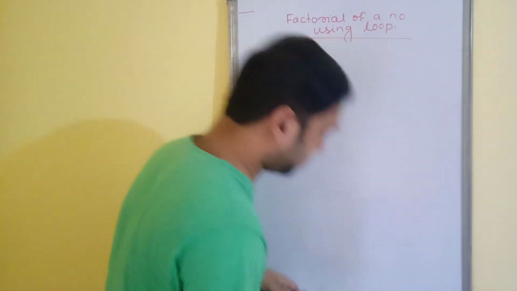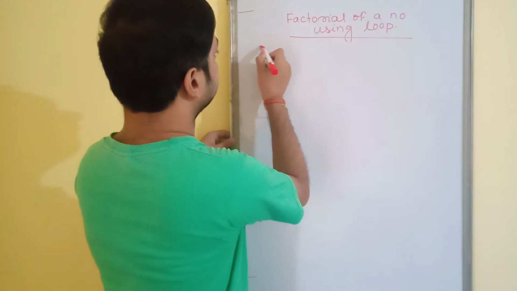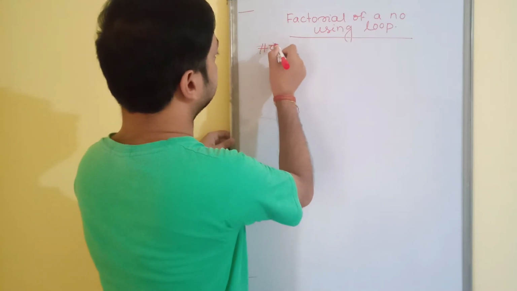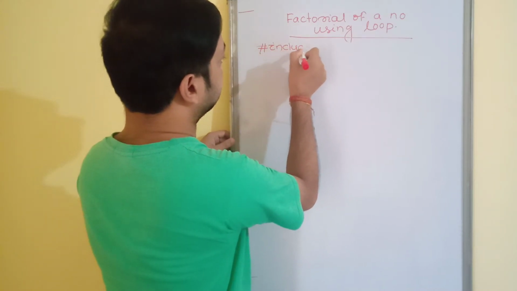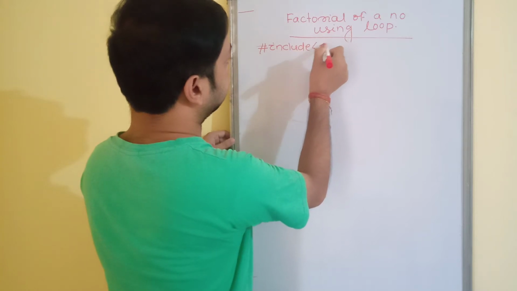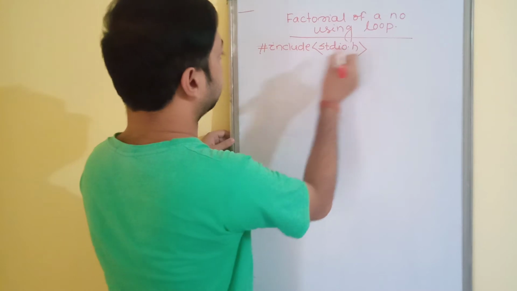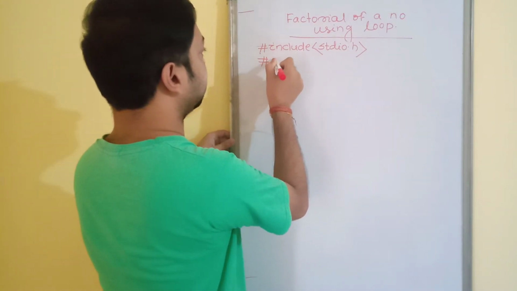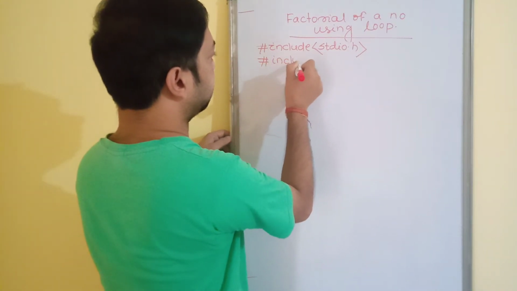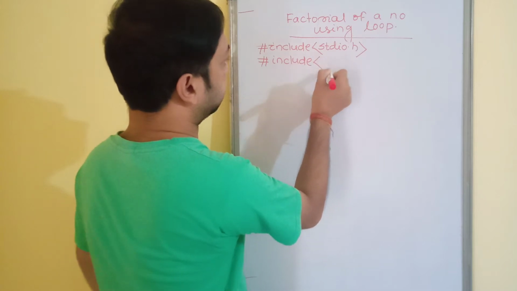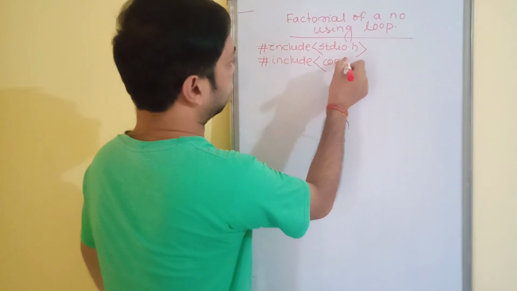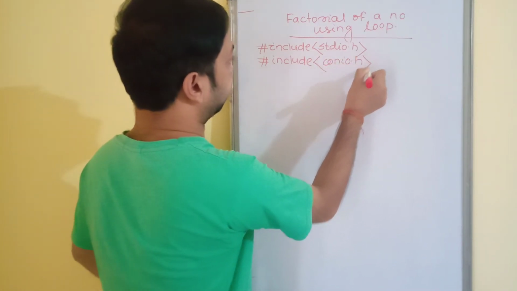So let me write the program here, that is #include <stdio.h>, then #include <conio.h>. These two are the header files.